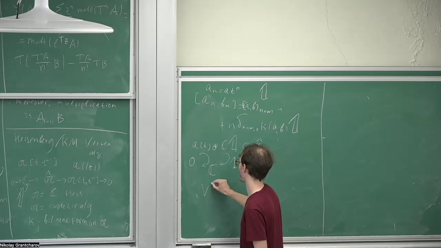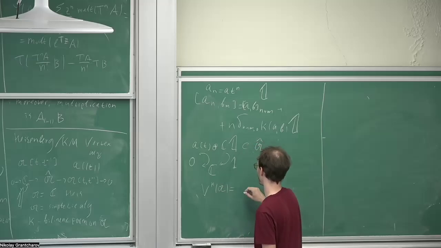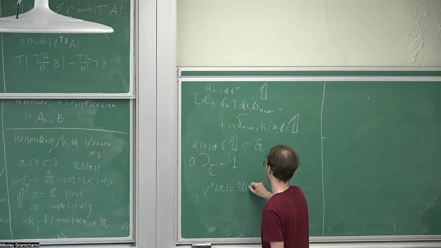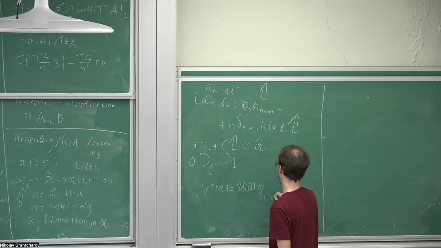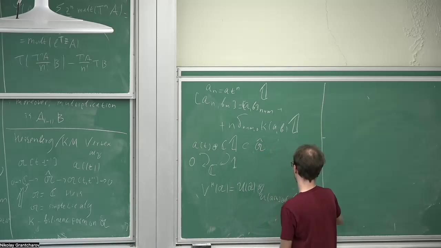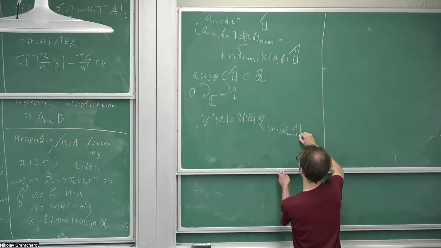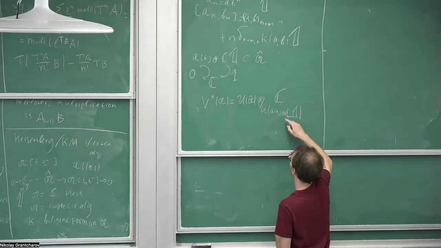And I say that this is my P kappa A. So this is the induced representation, U of A hat tensor over U of A T plus C 1.